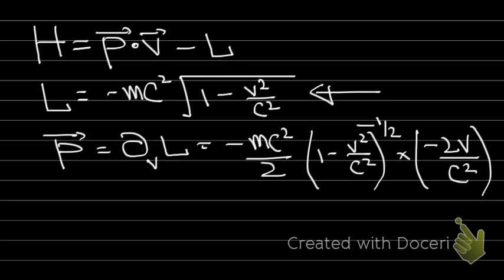Now you see that the negatives cancel to give a positive, and the c squared cancels with this c squared.